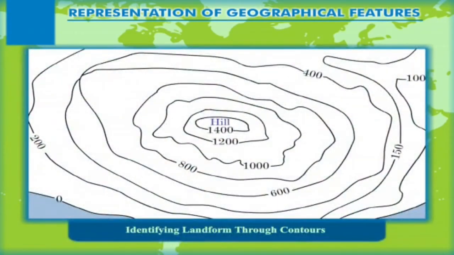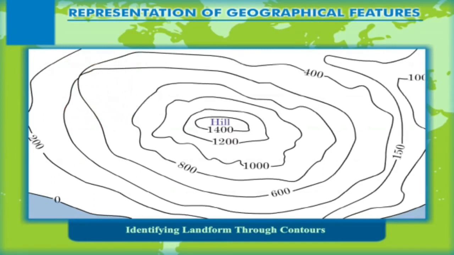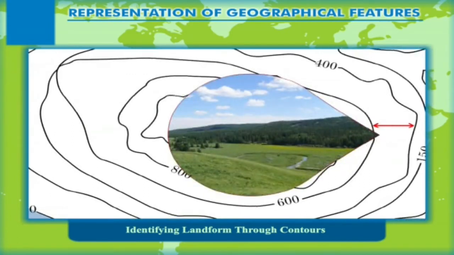Identifying landform through contours. The contour lines have the following characteristics. The contour lines can never cross each other. When two contour lines having different heights meet, it means that the slope is vertical, like a cliff or a waterfall. The spacing between the contour lines indicates the nature of the slope.